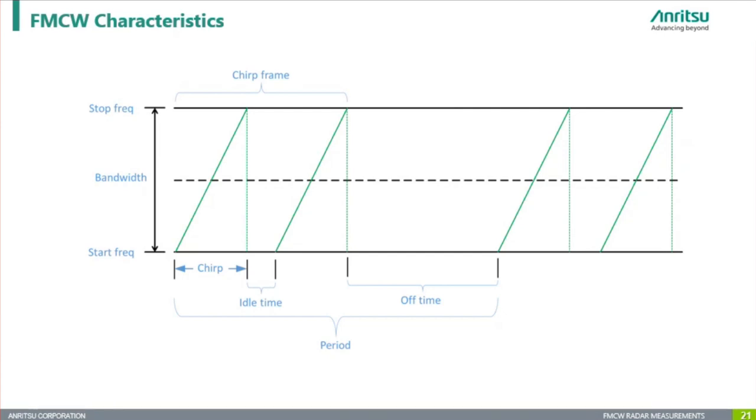Some may have a narrower slope, while others may have a wider slope, affecting resolution and range. After a chirp frame completes, there is typically an off time before the next frame begins. This off time is intentionally designed to improve power efficiency and reduce heat generation in the module, especially in continuous operation scenarios.